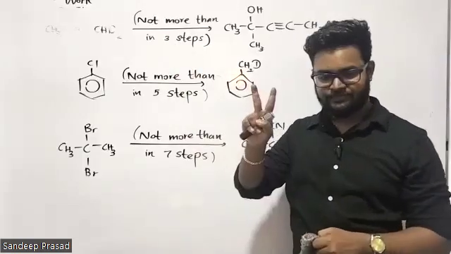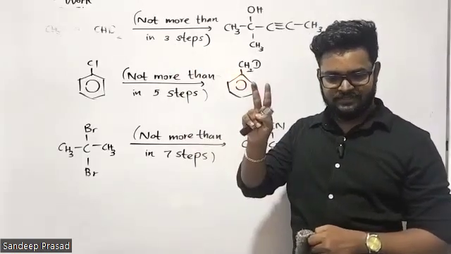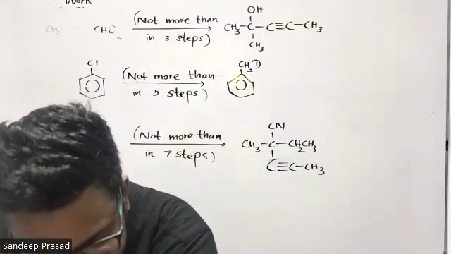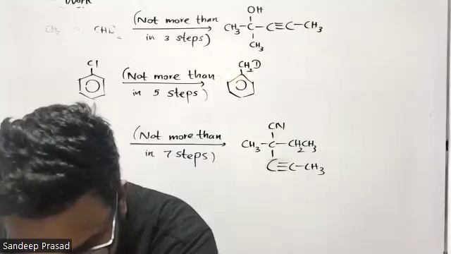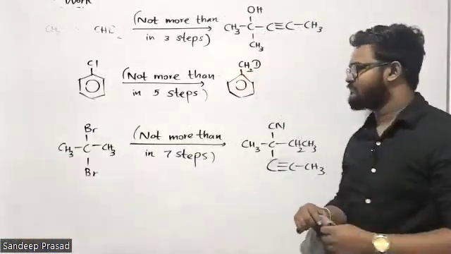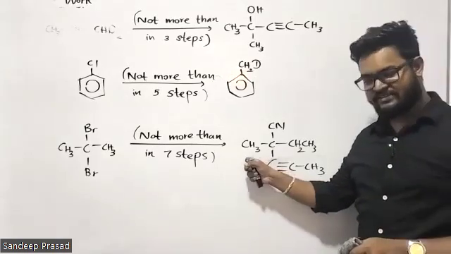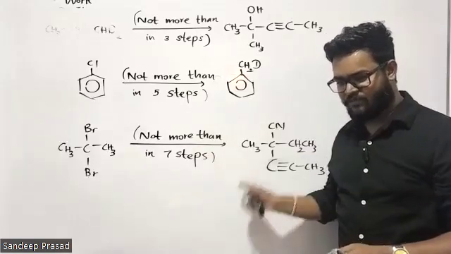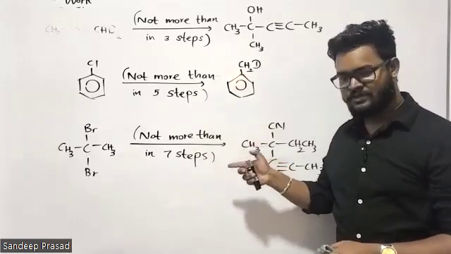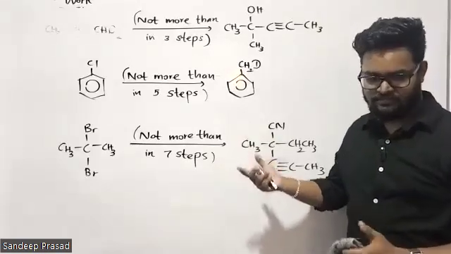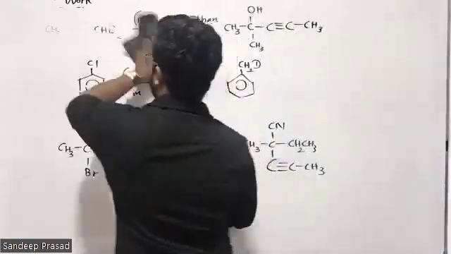At least the first 2. Anyone here? Okay, very good. Mariam, very good. So the third one is very interesting. Sometimes you can do this within 4 steps, 3 steps, 5 steps. Sometimes maximum you have to go for 7 steps, right? You can try.